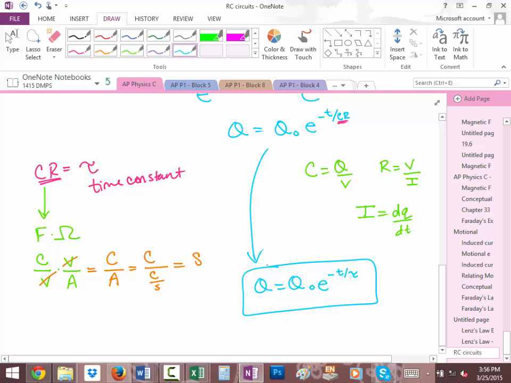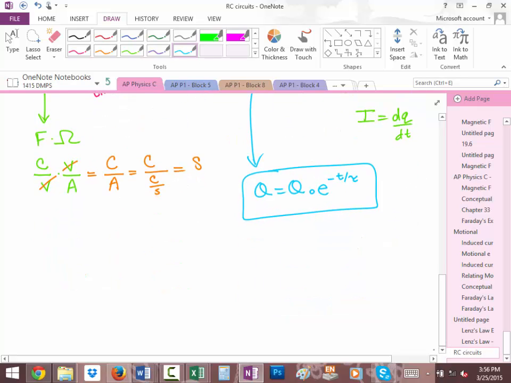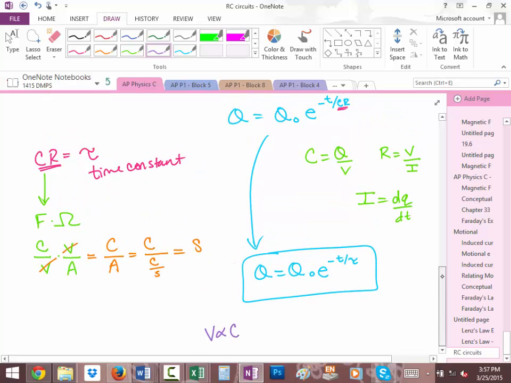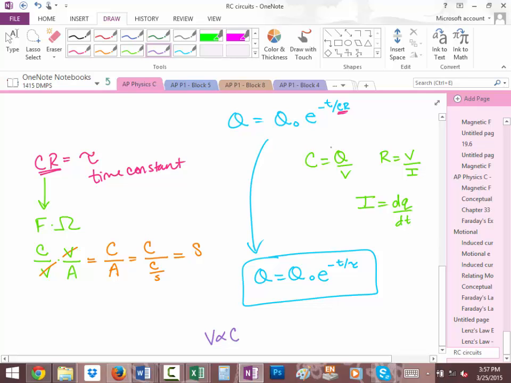Let's acknowledge that voltage is proportional to charge. Shouldn't you write Q for charge? Yes, sorry.